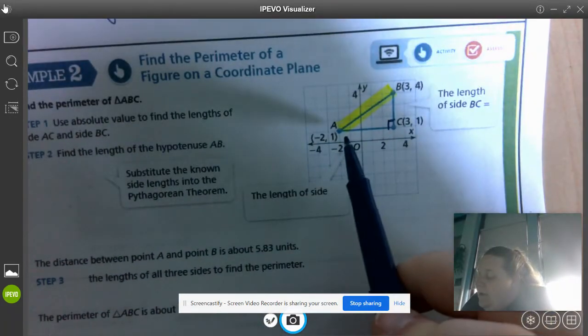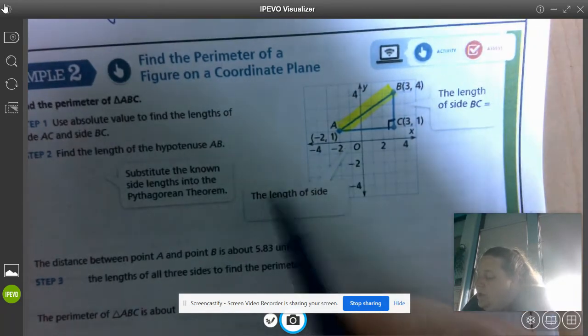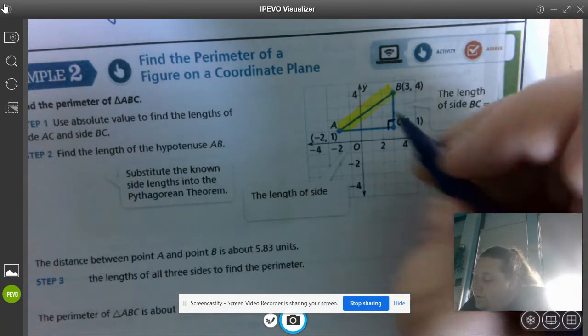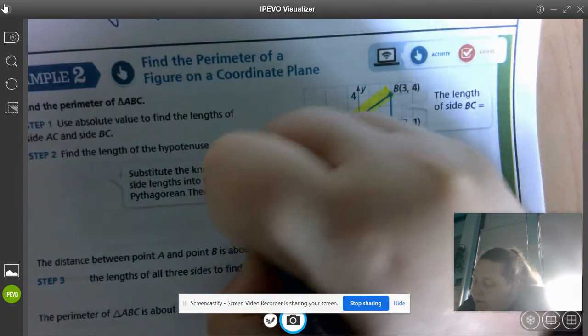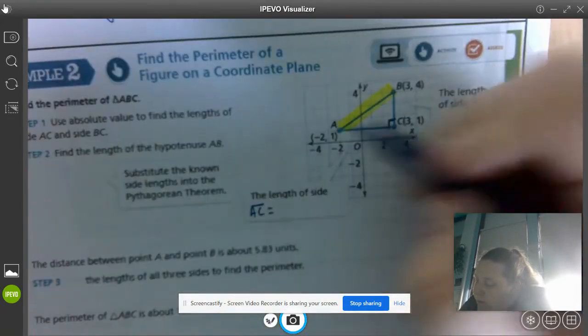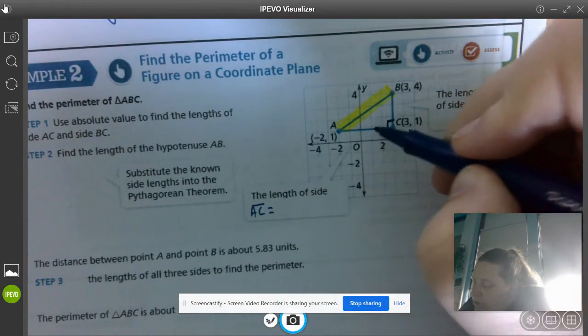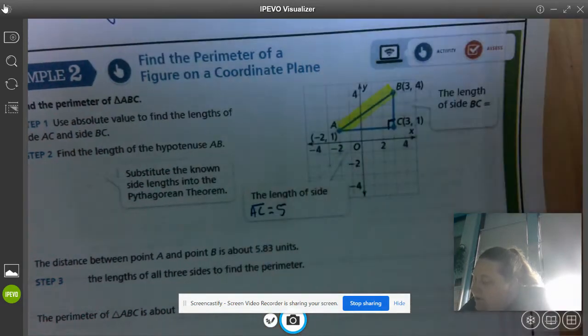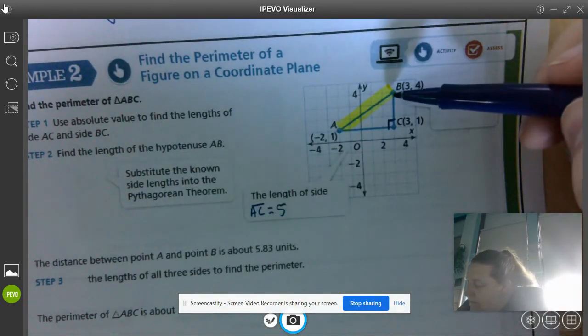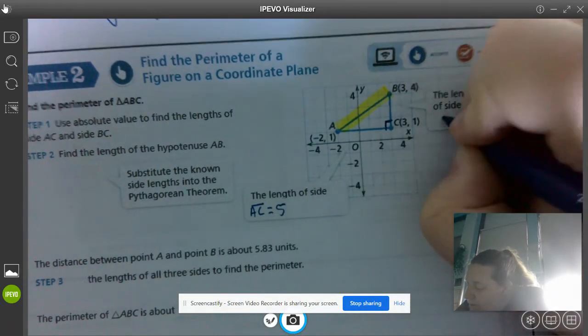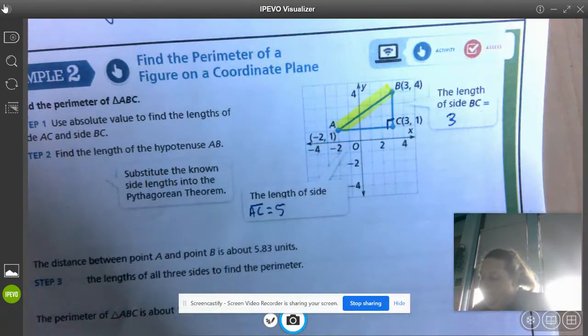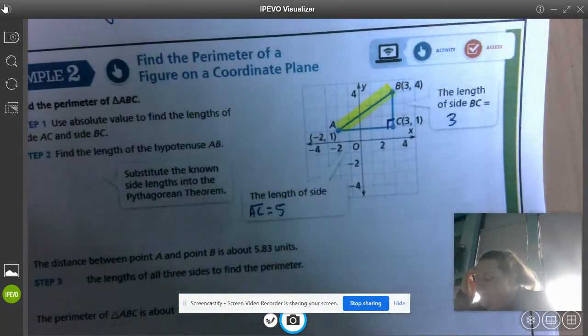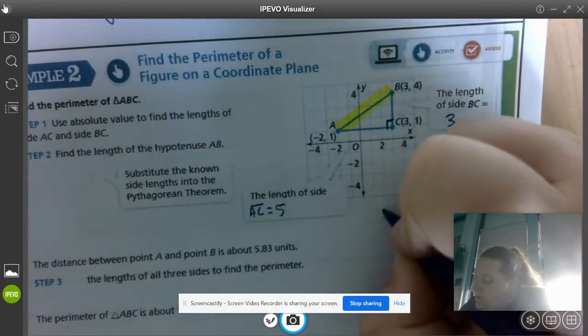So I'm going to count the side lengths. The side length of AC, so A to C, is 1, 2, 3, 4, 5 units. And then the side length of B to C is 3. So we're going to figure out what that missing one is.